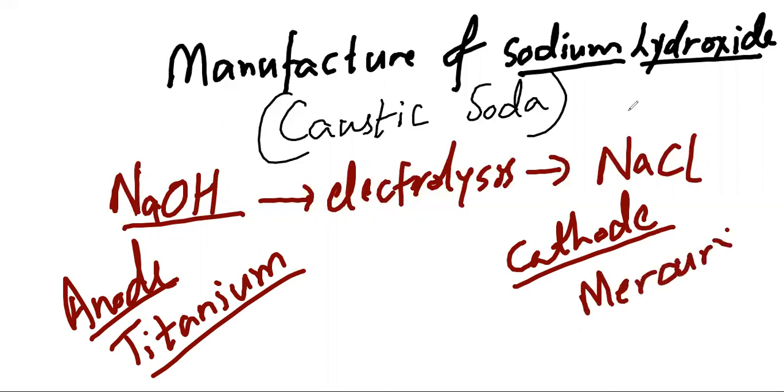We also call it the mercury cell. So mercury is the cathode and titanium is the anode. When current passes through the titanium anode, sodium metal is formed at the mercury cathode, which forms an amalgam.